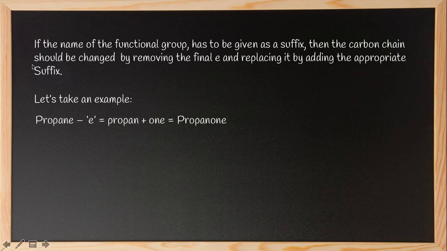For example, propane, so the ending letter is E. Now, if there is a ketone group, then you have to add the suffix one. Just remove the last letter E and add one. You'll get propanone. So the only thing you have to do is remove the final E and replace it by adding the appropriate suffix of the functional group.